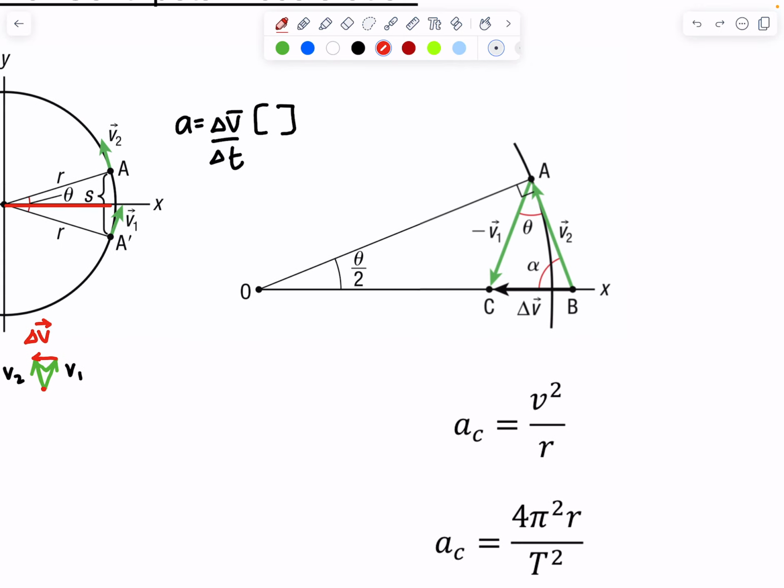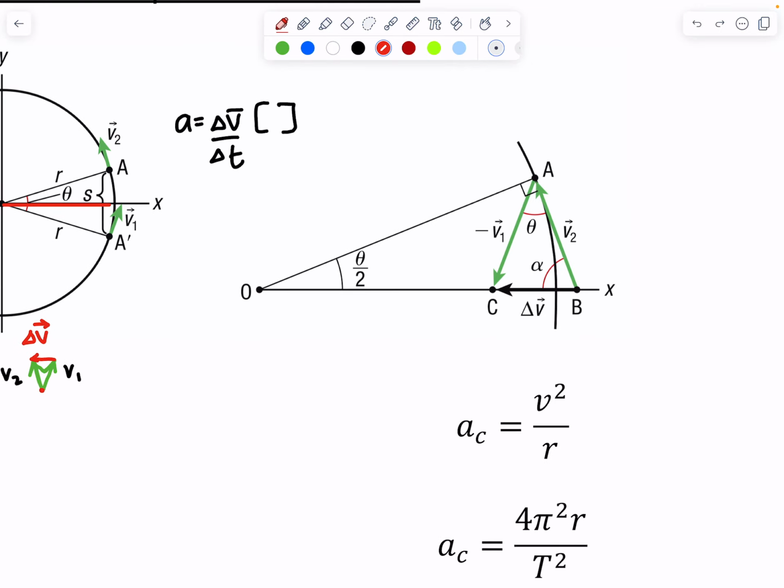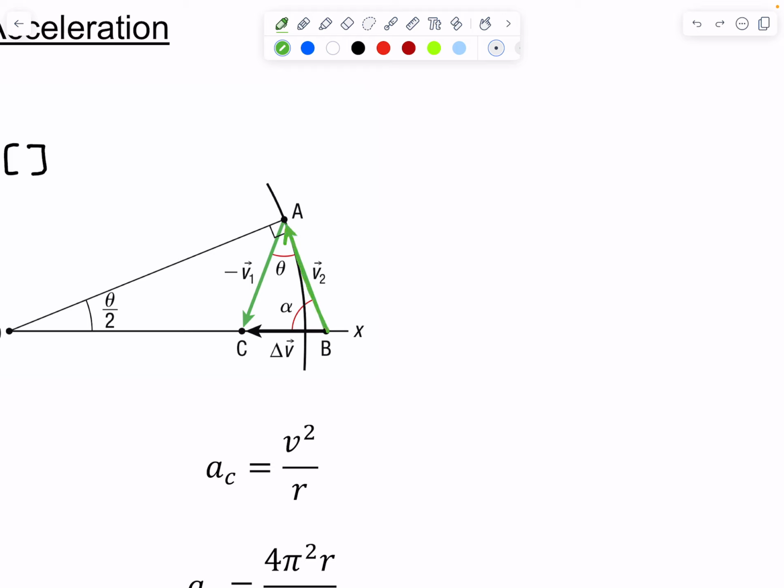Now, another way to look at it is to have v2 minus v1.